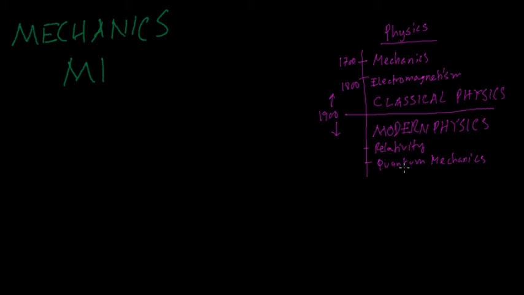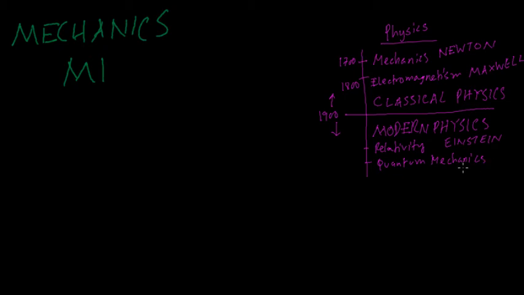So this is the overall view, and if you want to know about the person behind it, when we talk about mechanics, we are talking about one person, and that is Sir Isaac Newton. So that's his work. When we're talking about electromagnetism, we are talking about Maxwell. When we're talking about relativity, we are talking about Einstein, and we are talking about quantum mechanics.